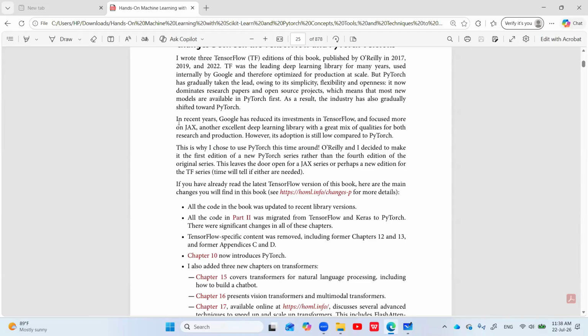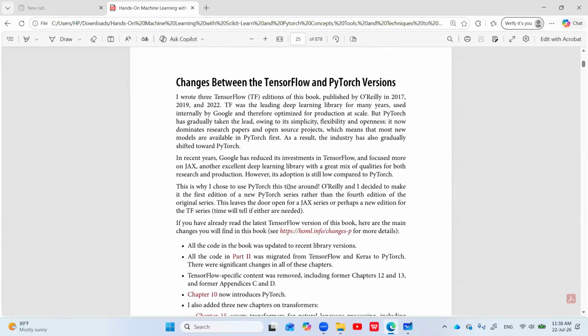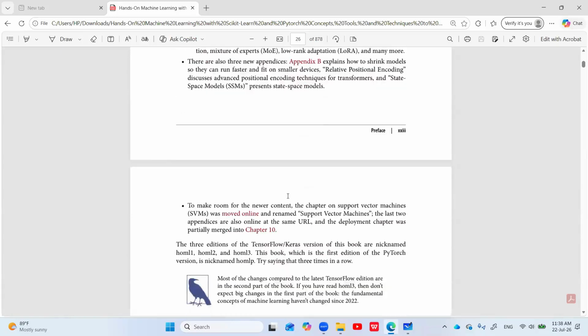This is why I chose to use PyTorch this time around, and O'Reilly and I decided to make this the first edition of a new PyTorch series rather than the fourth edition of the original series. This leaves the door open for a JAX series or perhaps a new edition for the TensorFlow series. Time will tell if either is needed, right? That is basically about the TensorFlow and PyTorch versions that he has used.